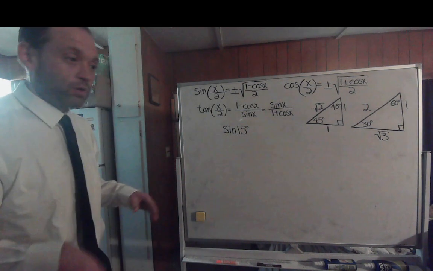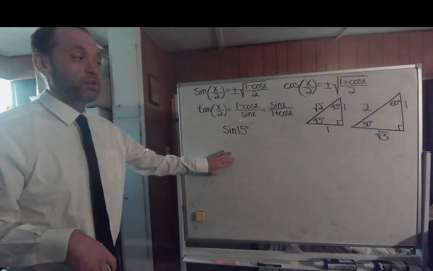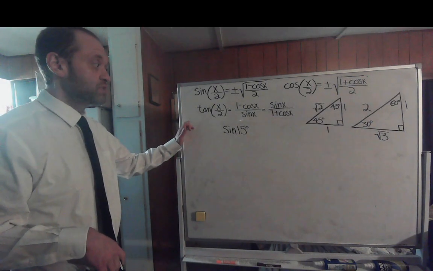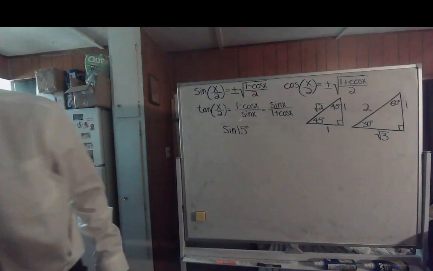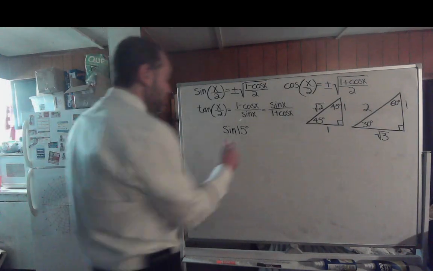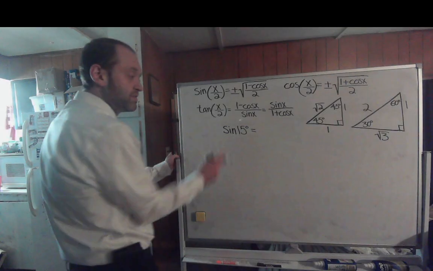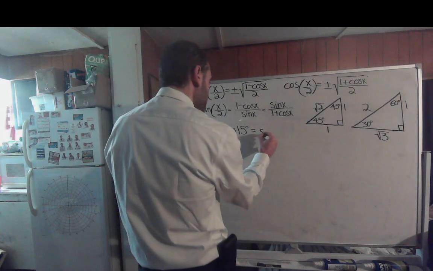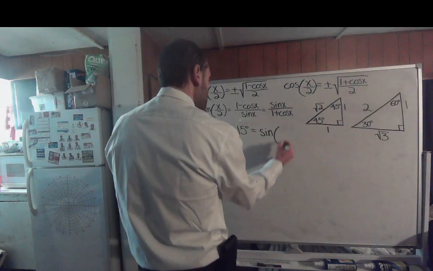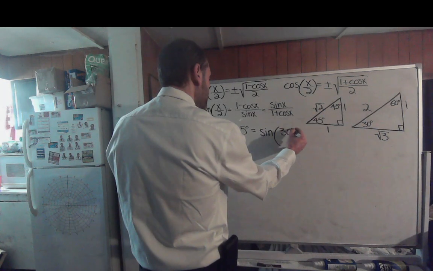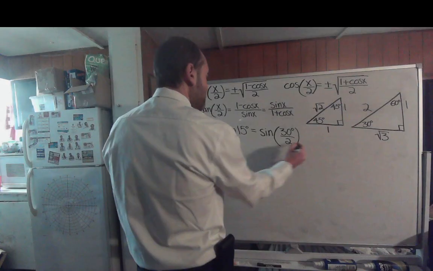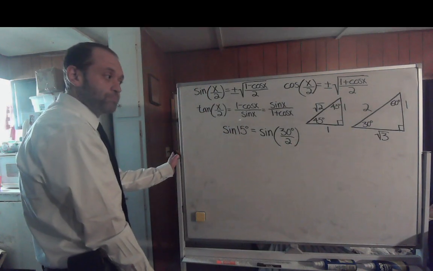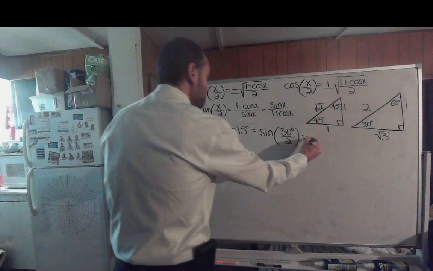Well, before we just had to use a calculator, but using these half angle formulas, we can totally find the exact value. So isn't it true that the sine of 15 would be the same thing as the sine of 30 degrees divided by 2? That would be the exact same thing, right? Alright, so let's apply that formula.